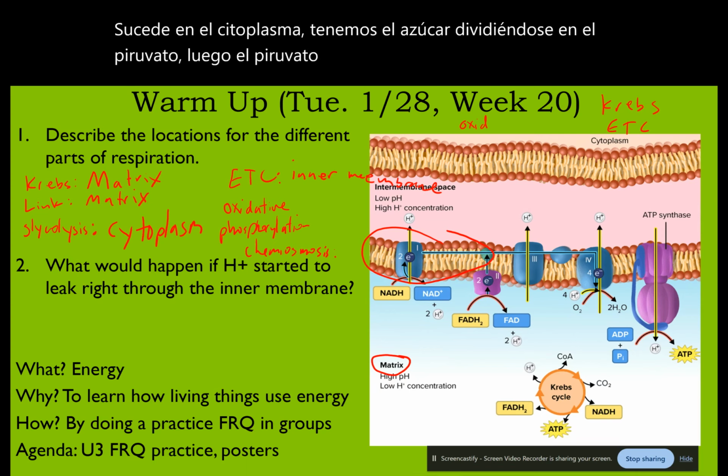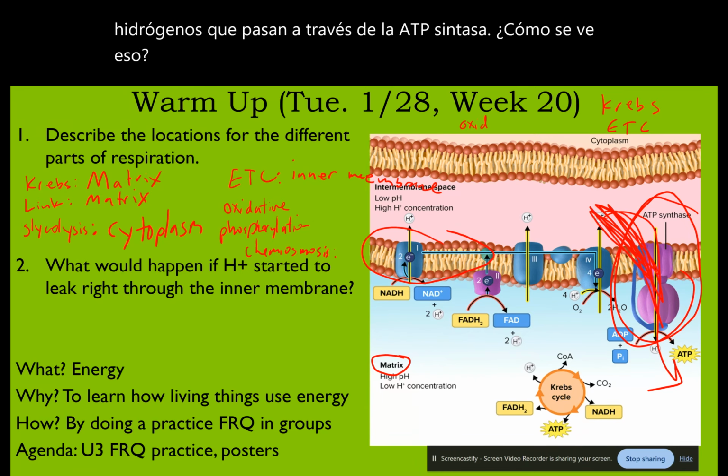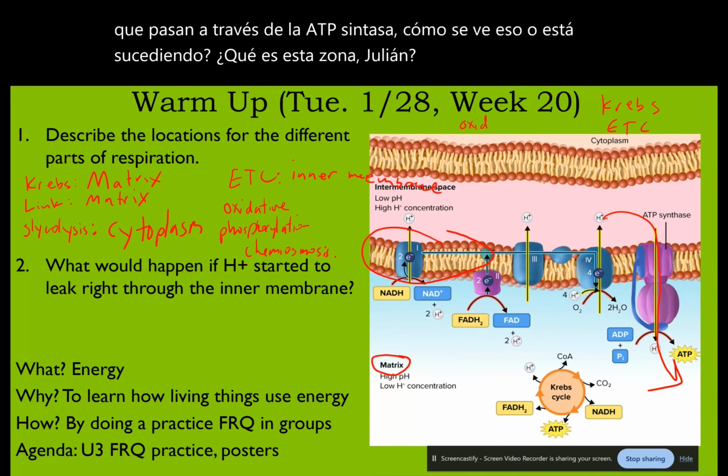Oxidative phosphorylation is this step right here where we have hydrogens going through ATP synthase. What does that look like? Where's that happening? What's this area, Julian? What would this area be?